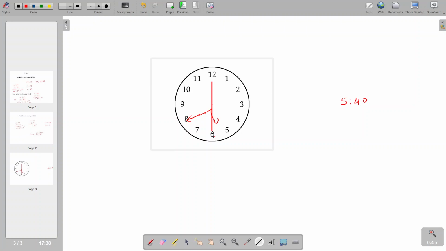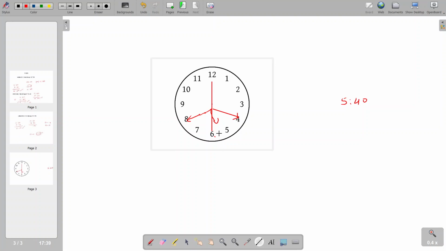If we shift this minutes hand to the right hand side with respect to this reference, 2 positions means 6 to 5, 5 to 4. So the minutes hand will come here.